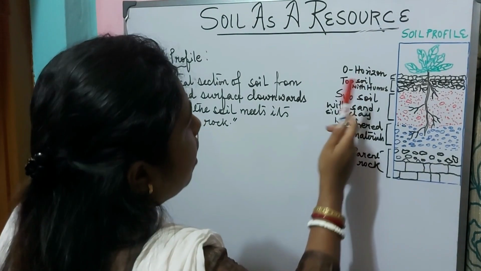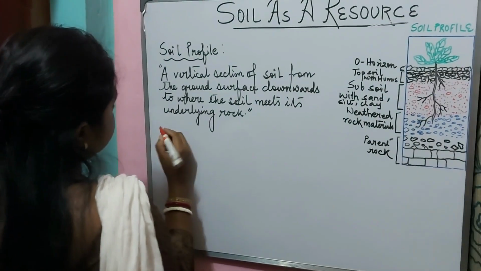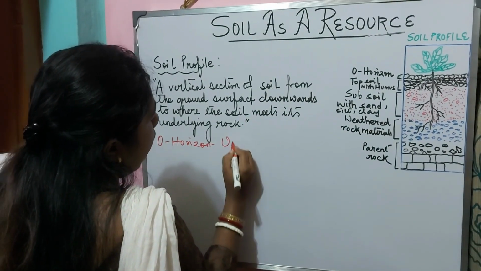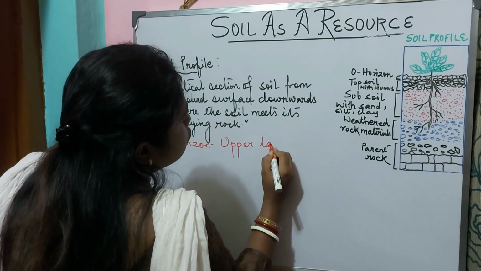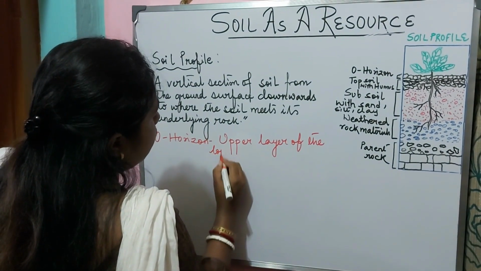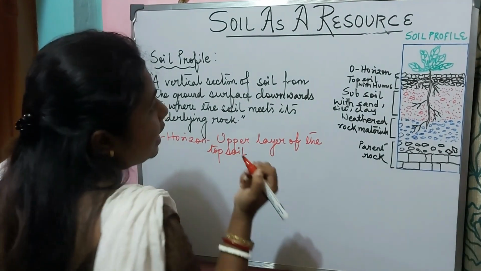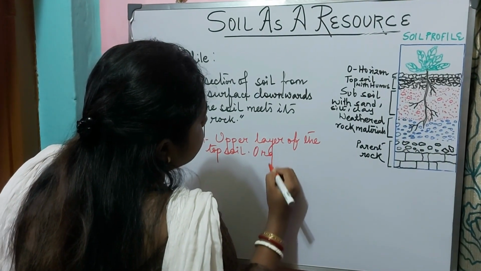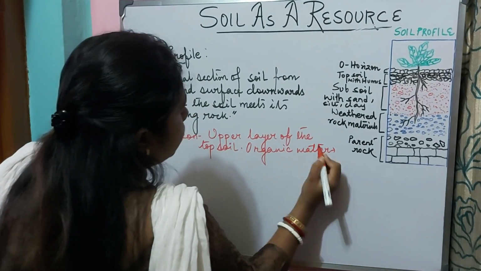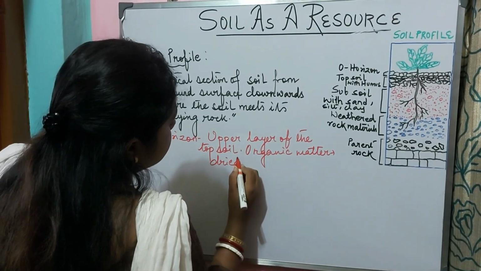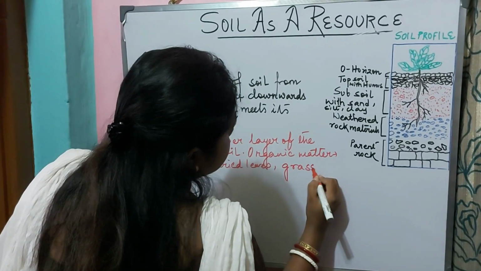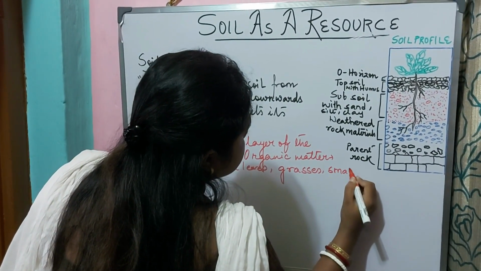The first layer is our O horizon. The O horizon is the upper layer of the topsoil, where we will get organic matter, that is dried leaves, grasses, and smaller rocks.